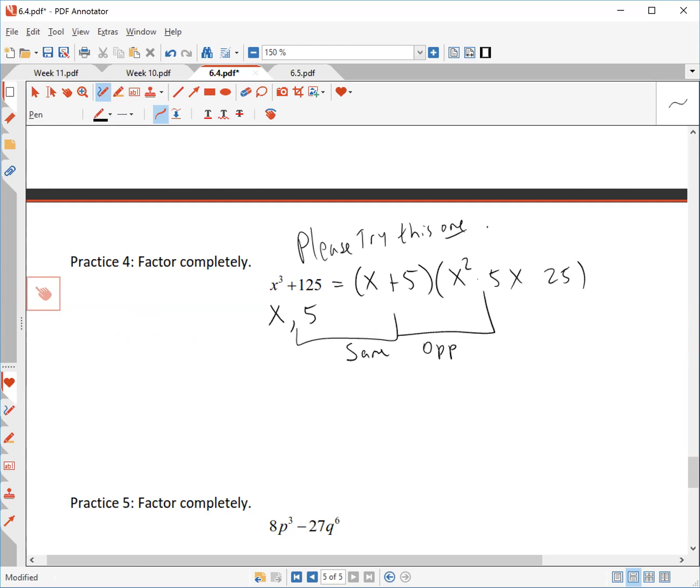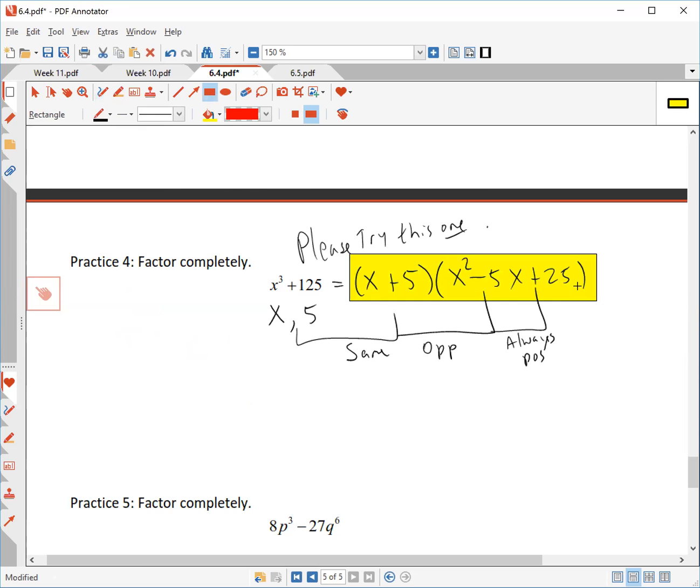Opposite signs, plus is a minus. And always positive is a plus, giving us x plus 5, x squared minus 5x plus 25. The remaining trinomial does not factor, so we leave it just like that.